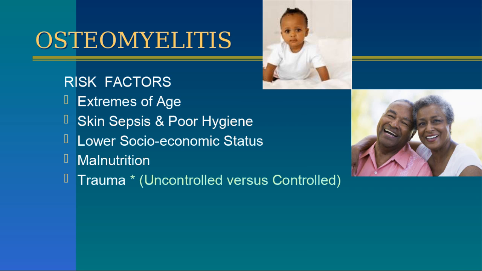So what then are the risk factors for osteomyelitis? Well, extremes of age, for two different reasons affecting the same thing, of course, and that's the immune system. When you're very young, the child's immune system is not as mature. It's immature. It's developing. And so when you match them against a healthy young adult, they're relatively immunocompromised.